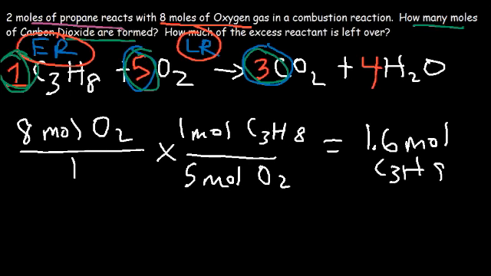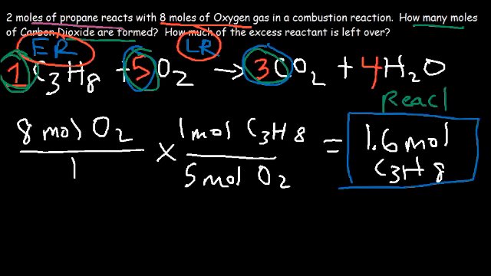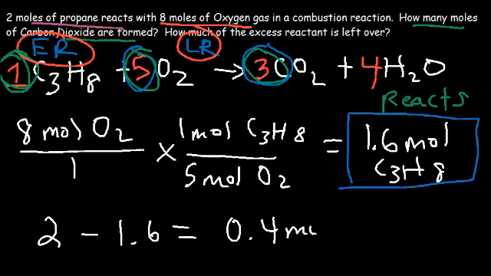This number represents the amount of propane that actually reacts, that's how much propane is consumed in the reaction. The amount that's left over is the total minus the amount that reacts. So 2 minus 1.6 is 0.4. So that's how you can calculate the amount of excess reactant that is left over.